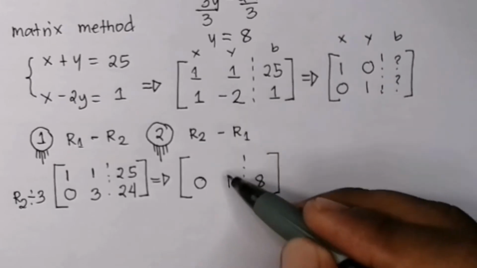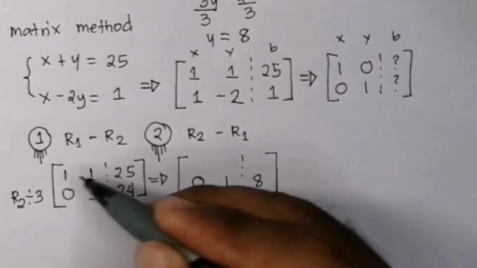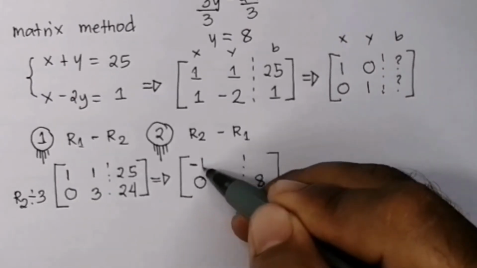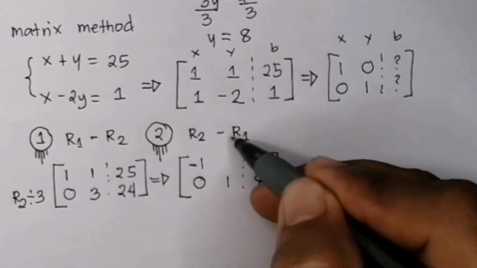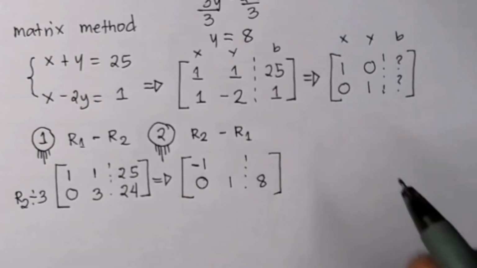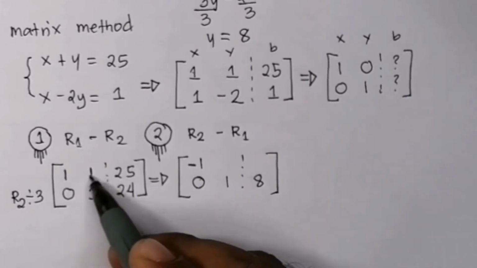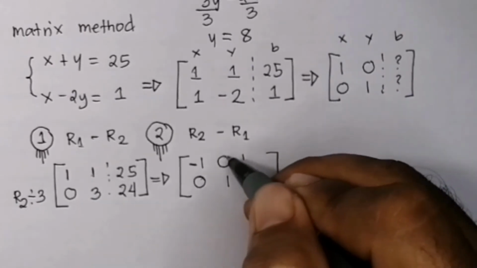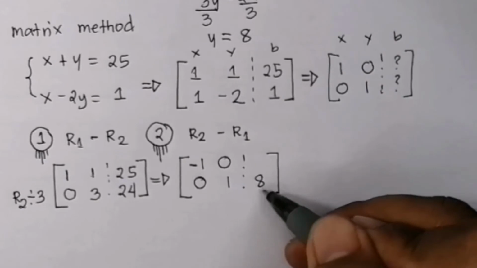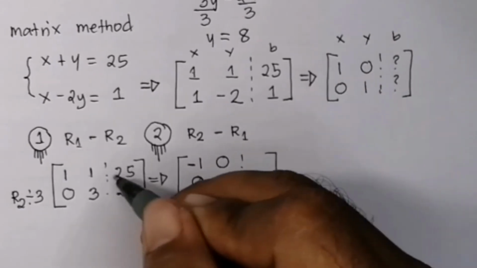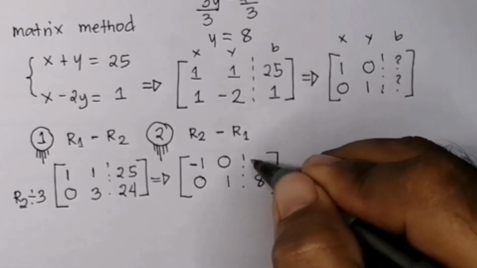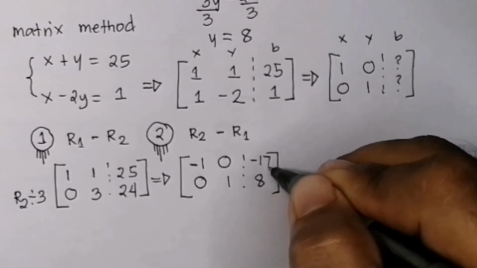So 0 minus 1 is negative 1. Row 2 minus row 1. 0 minus 1, that is negative 1. 1 minus 1 is 0. 8 minus 25 is negative 17.